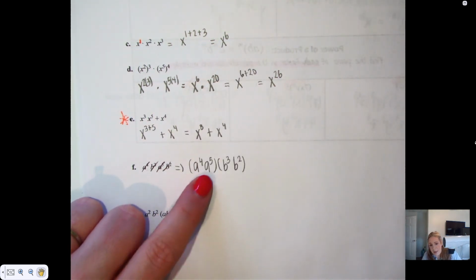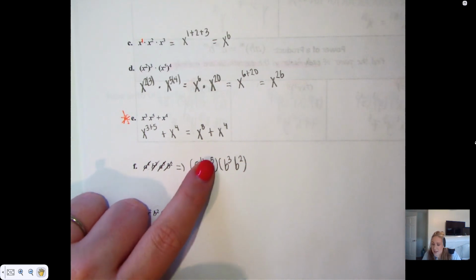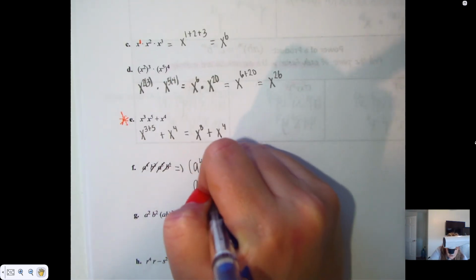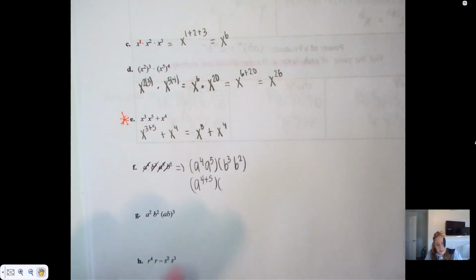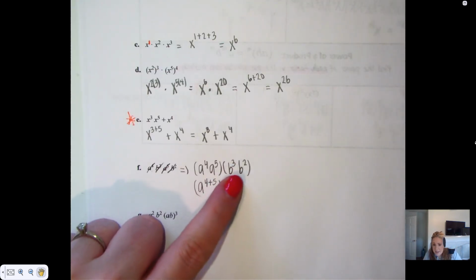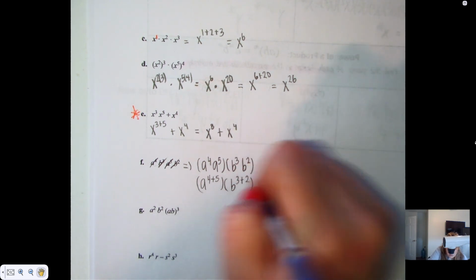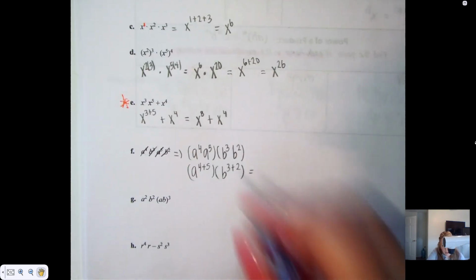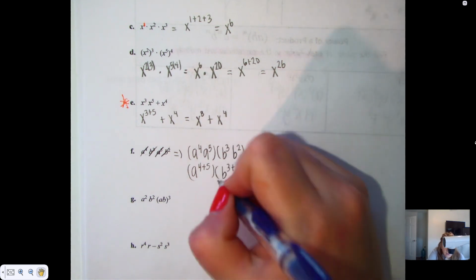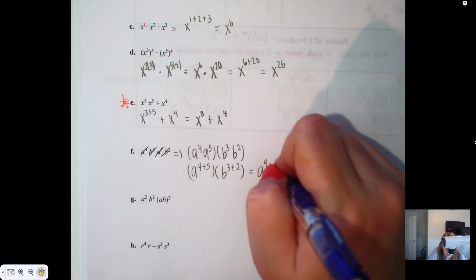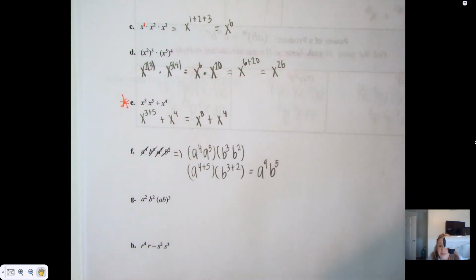I have my bases are the same, and I'm adding the exponents. So this is going to be A, 4 plus 5 in this term. And then same base, adding the exponents. So I have B to the 3 plus 2. Okay, so I would have A, 5 plus 4 is 9. B, 3 plus 2 is 5. Okay.